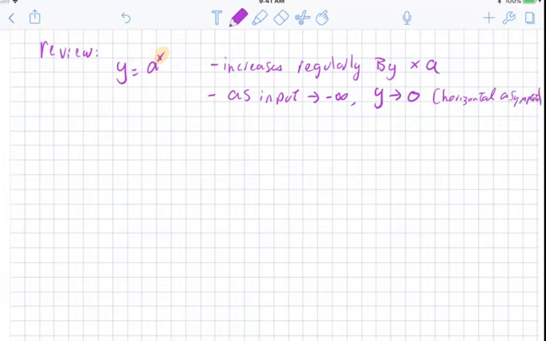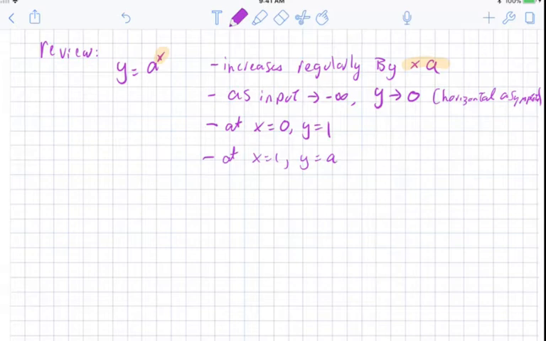At x is equal to 0, y is equal to 1. We know that they all cross the y-axis at the same place. Because it's increasing by multiples of a, at x is equal to 1, y is equal to a.